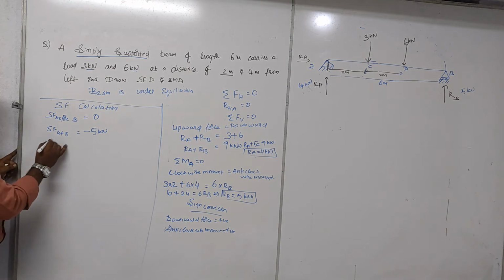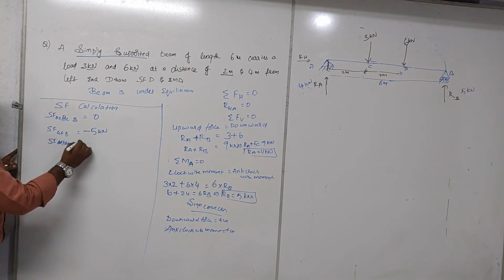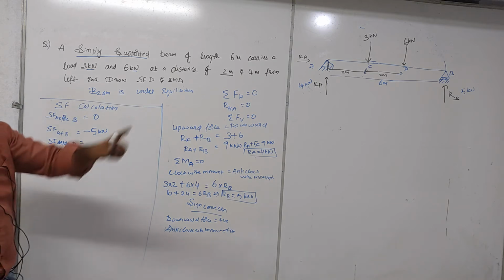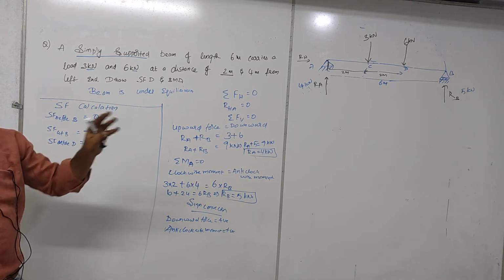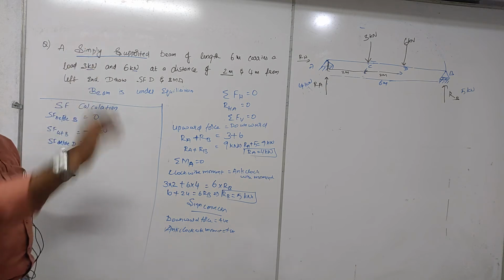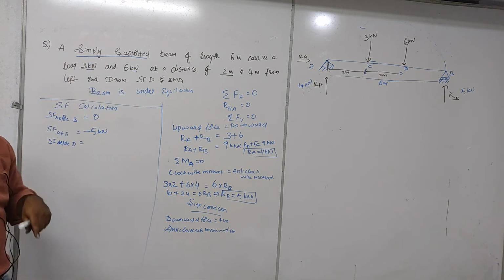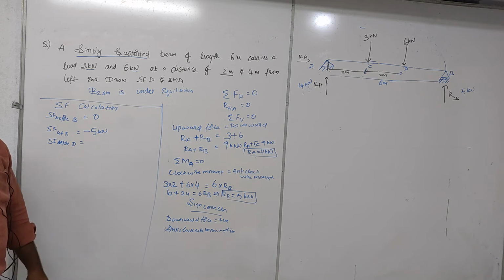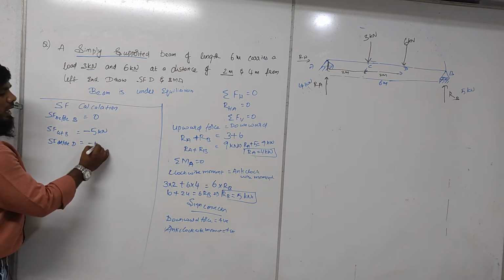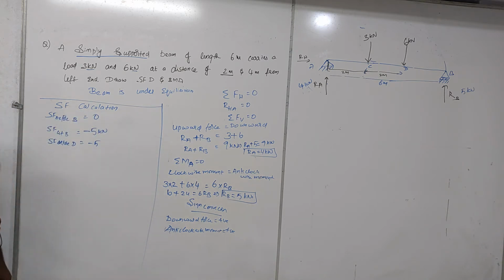Next is shear force before point D. There is no load acting between them. Before means all the loads on the right side of point D. On the right side we are having only one load, that is the upward force, the reaction at point B. The same load will be carried.